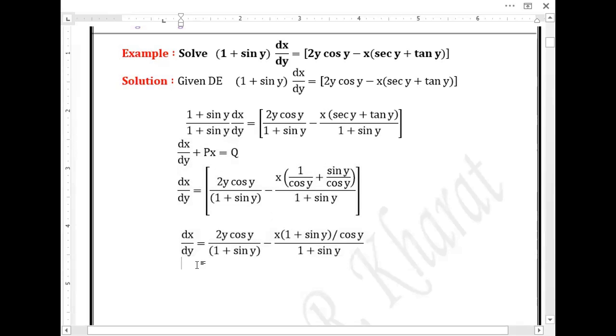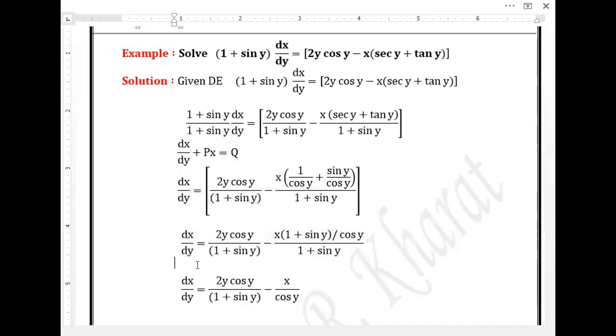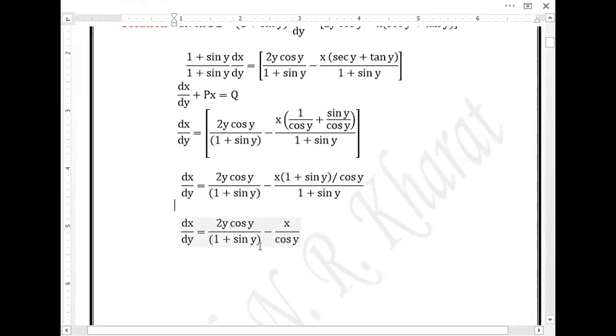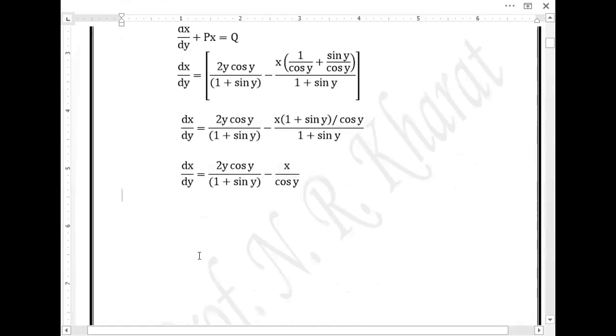Now we have to simplify this differential equation and just make the changes. We have to shift this x over cos y to the left hand side. So the differential equation is of type number two.